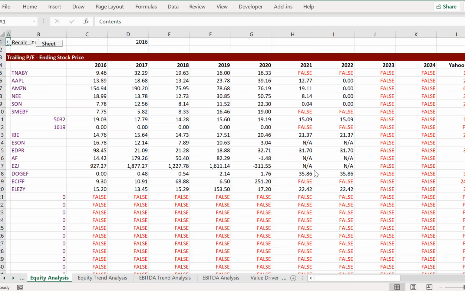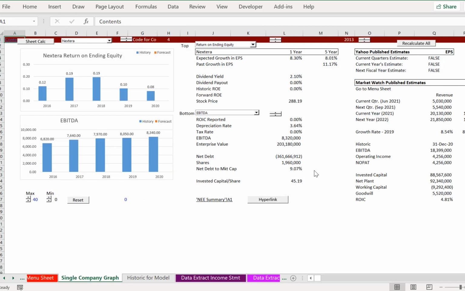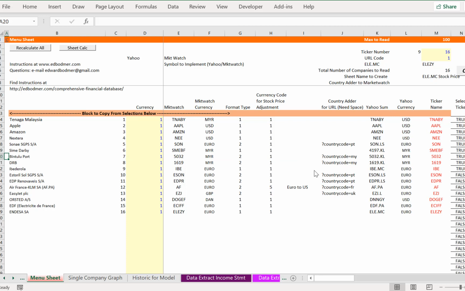So here's what you do. You can put in, this is a company in Portugal. This is a company in France. This is a company, EasyJet, in the US.